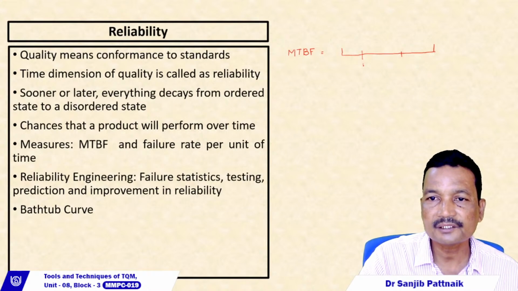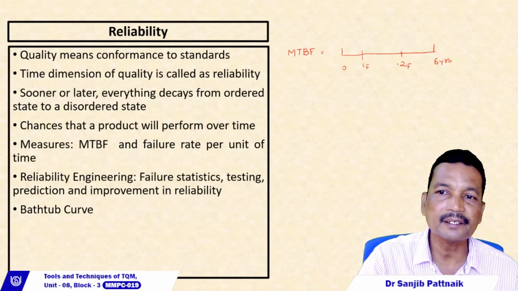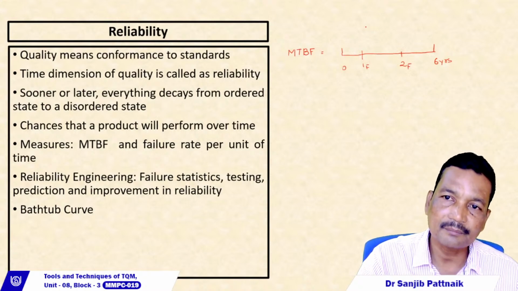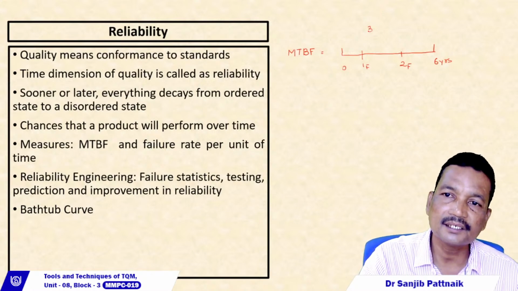So how many failures am I having? 2 failures, and the lifespan is 6 years. These are one failure and the second failure. So in 6 years, I am having 2 failures. That means average time between failures is 3 years.